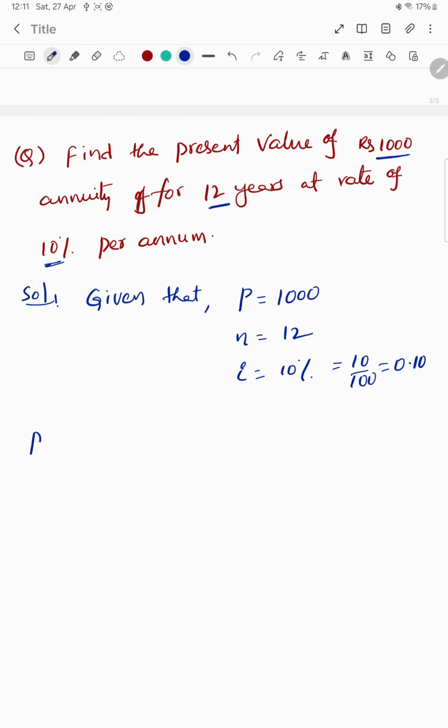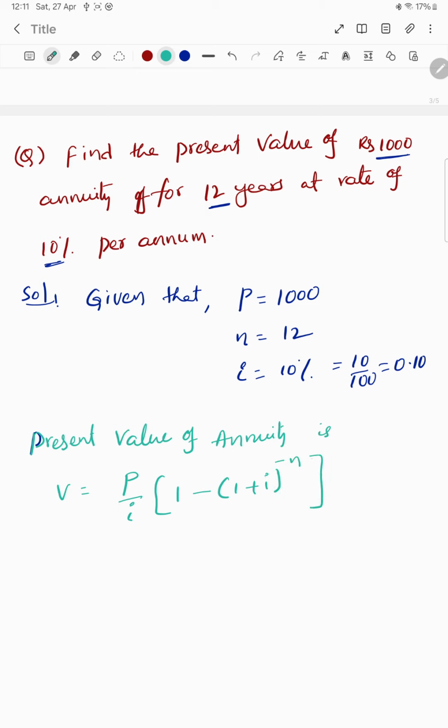Now the present value of annuity is calculated by V is equivalent to P by I into 1 minus 1 plus I to the power of minus N. So this is the formula to calculate the present value of annuity.